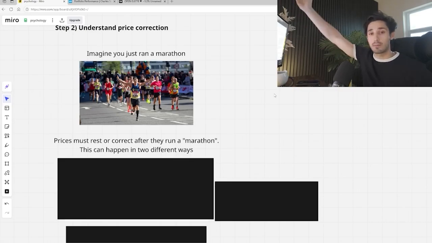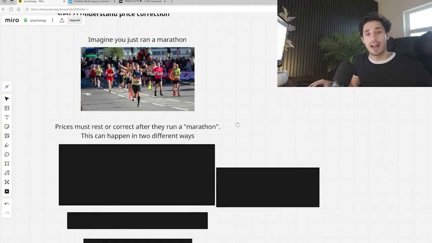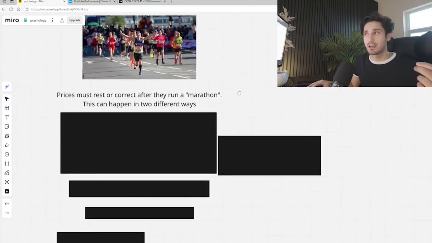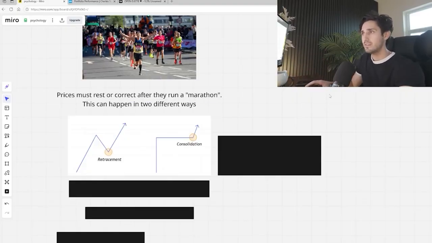They can't just move up to infinity, right? Prices also need to rest. You could think of this resting period as a correction, right? Prices need to correct before they can have the next rally higher, right? And there are two ways in which prices can rest or correct.